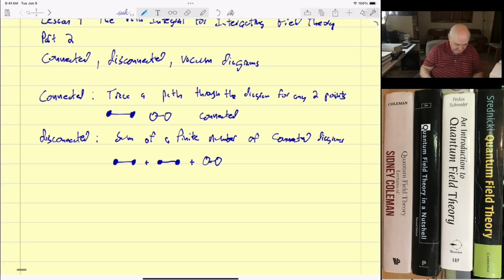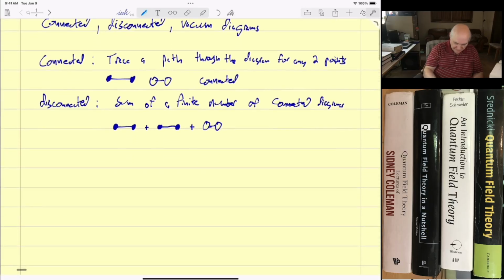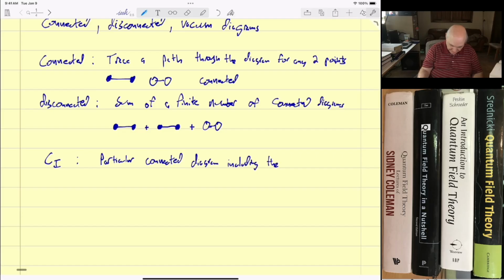And we'll label C_I with an index I, which stands for a particular connected diagram, including the symmetry factor associated with that diagram.